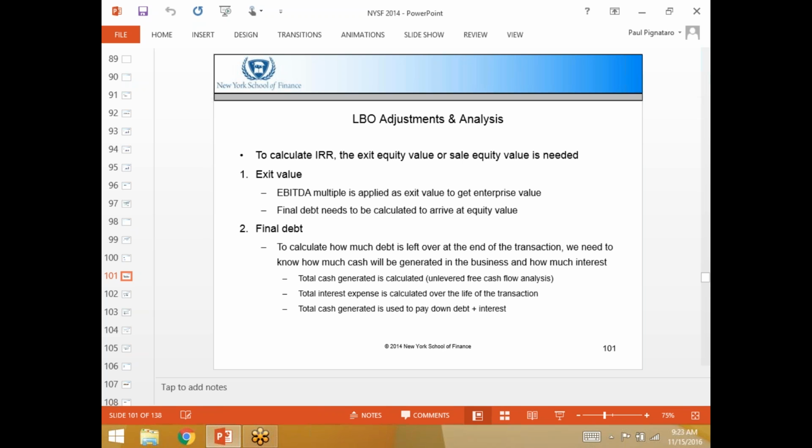Well, we start with the beginning debt. Now we calculate the accumulated interest obligations over the 5 years of holding the company. So it's the debt times the interest rate, tax deductible, times 1 minus tax rate.